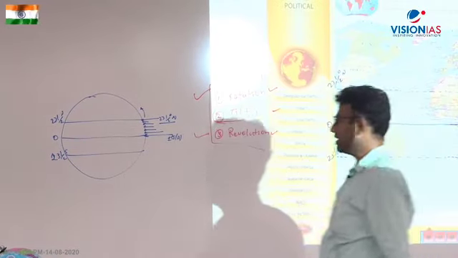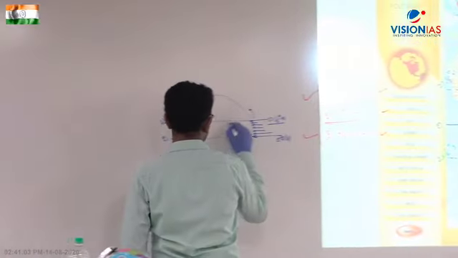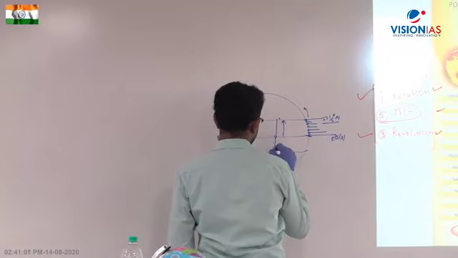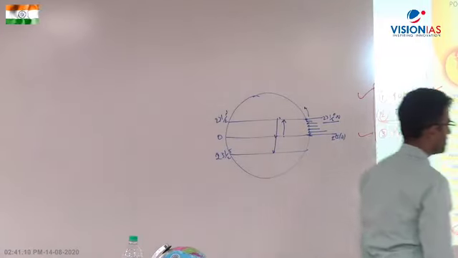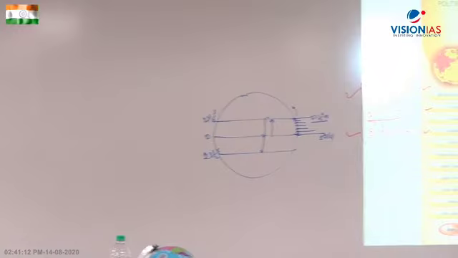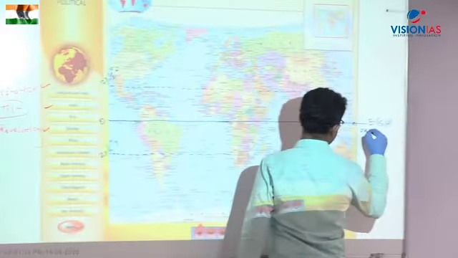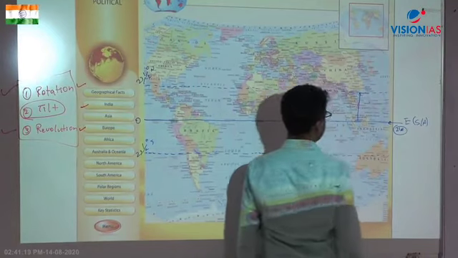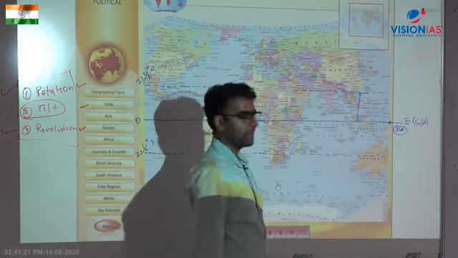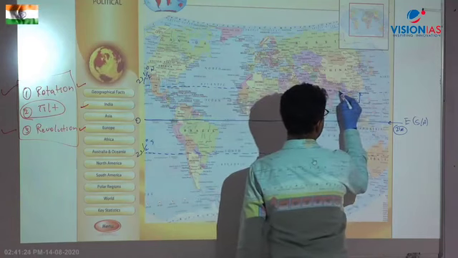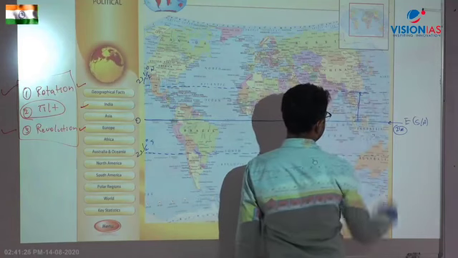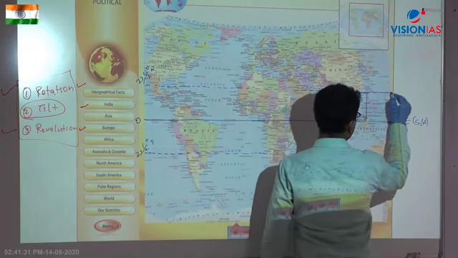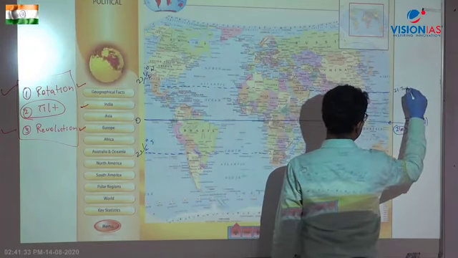Right? I hope it is clear. The sun's rays always move from the equator to 23.5 degree north, from 23.5 degree back to the equator, to 23.5 degree south. So you can see here, this is the equinox, 21st March. From here the sun's rays will start to move towards the northern hemisphere. It will reach the maximum extent of 23.5 degree north on 21st of June.